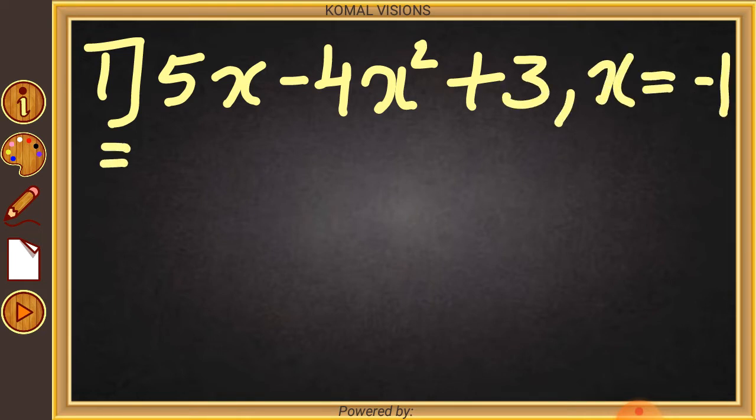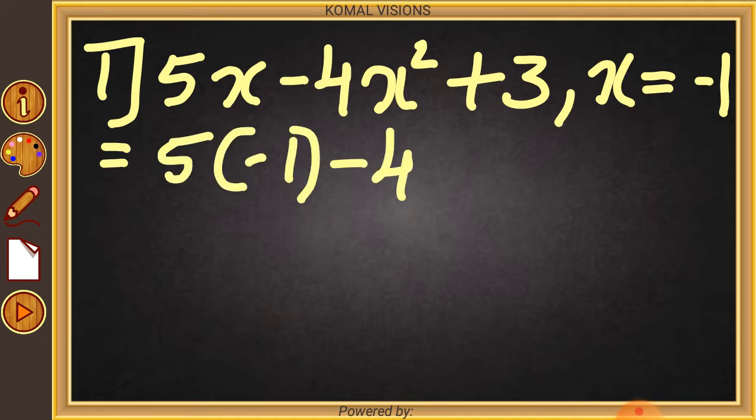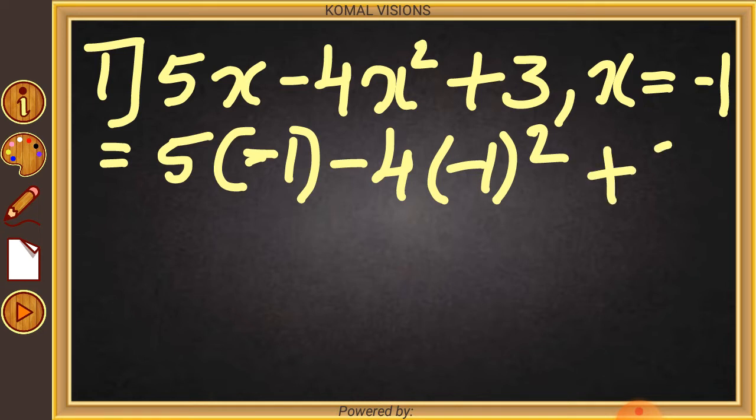All we should do is simply insert the value of x as minus 1. So it will be 5 of minus 1 minus 4 of minus 1 whole square plus 3.